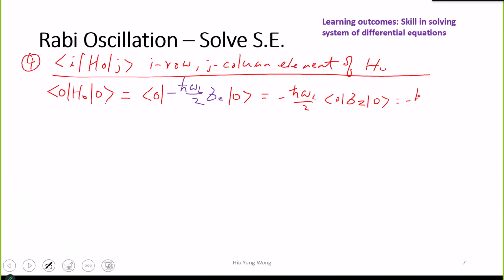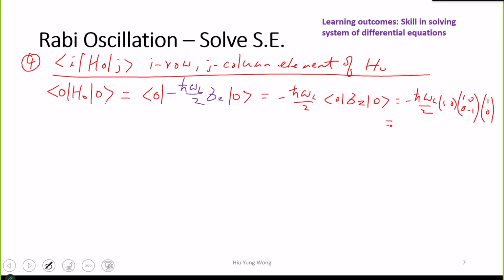What is the value of 0 bra as a row vector? How do you represent 0? 1, 0. What is sigma z? 1, 0, 0, negative 1. Yeah, you need to memorize this, right? What is 0 ket? 1, 0, right?